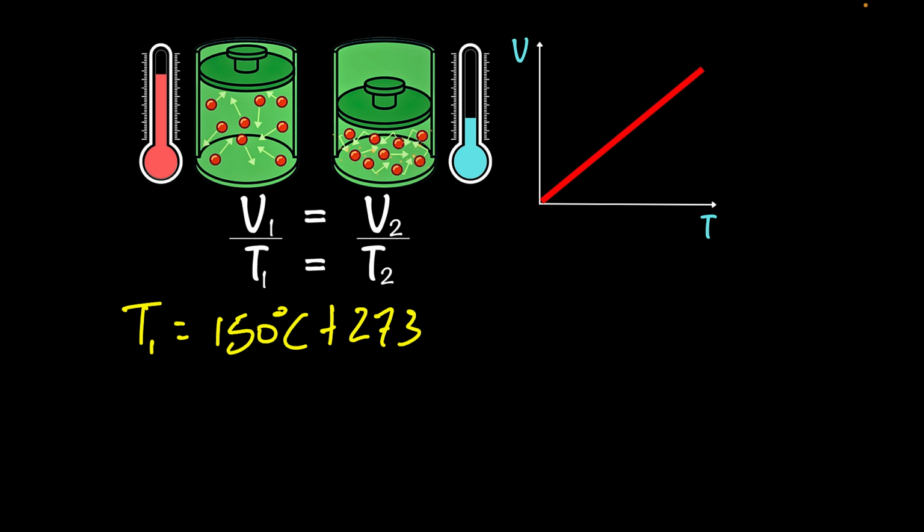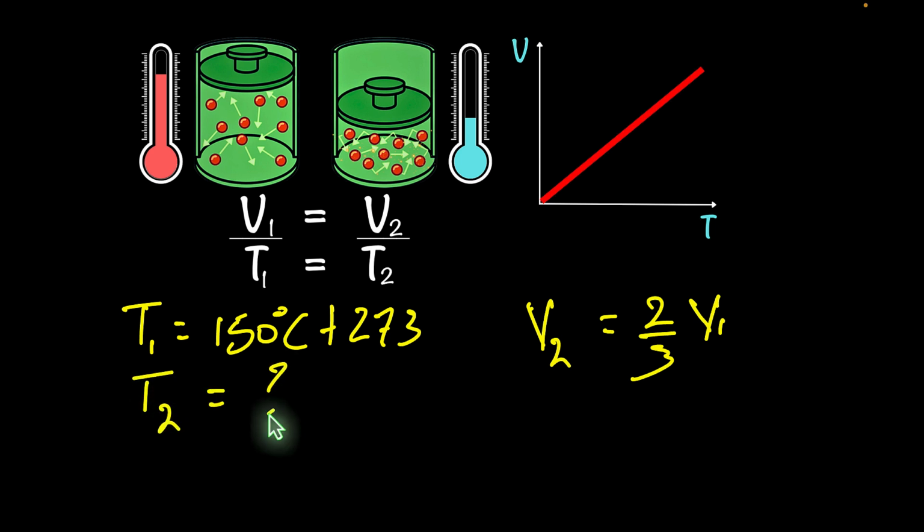Let's say then that we don't know the initial volume nor the final volume, but we know that our volume reduced by 2/3. So then V2 would be 2/3 of our initial volume, which was V1. With that information, we now need to work out what T2 is. How would we do that?